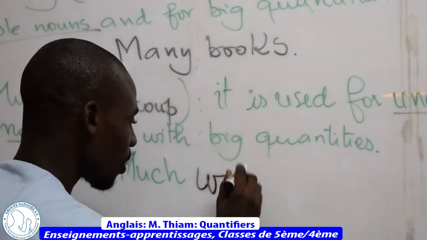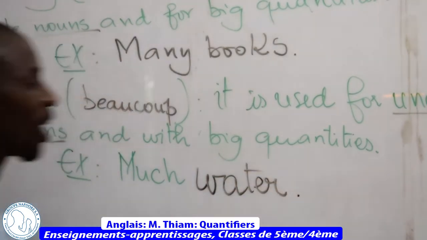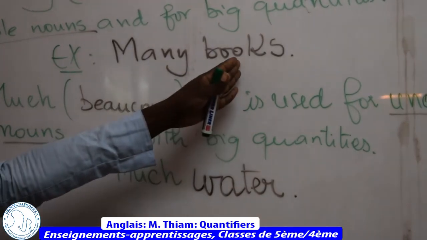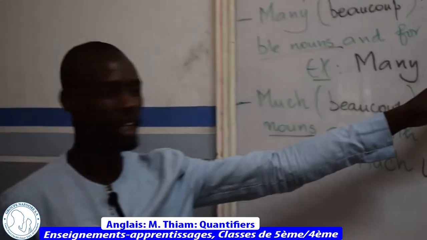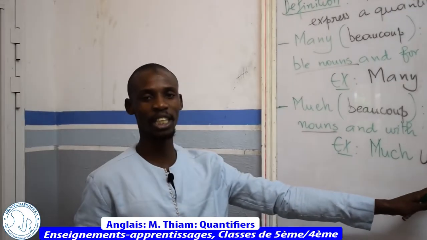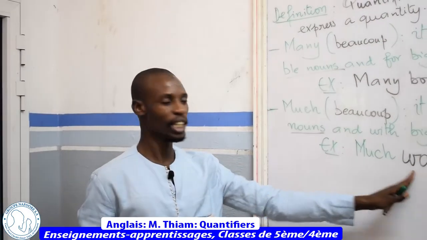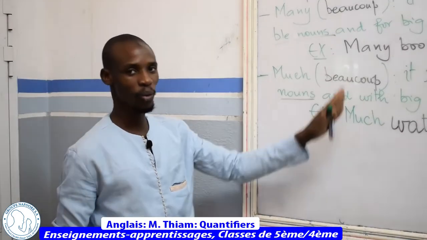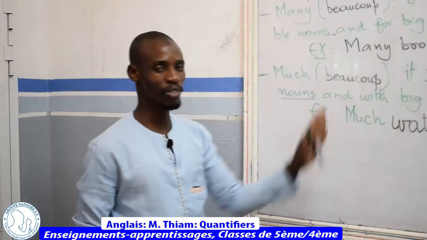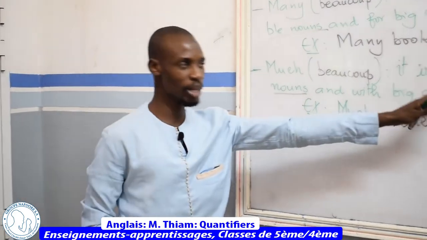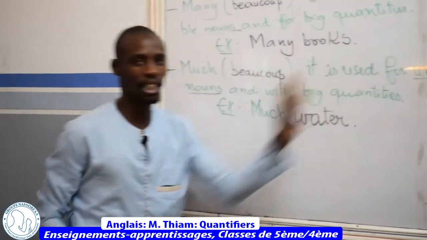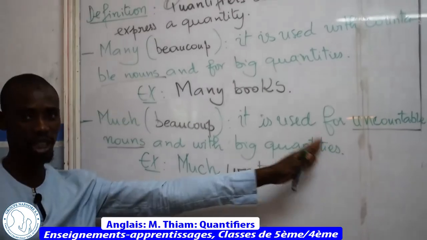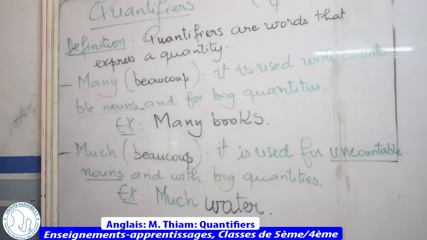Water is an uncountable noun. Many books, because book is countable, but water is not countable. It is an uncountable noun. That's why we use much. Much is used with uncountable nouns with big quantities.